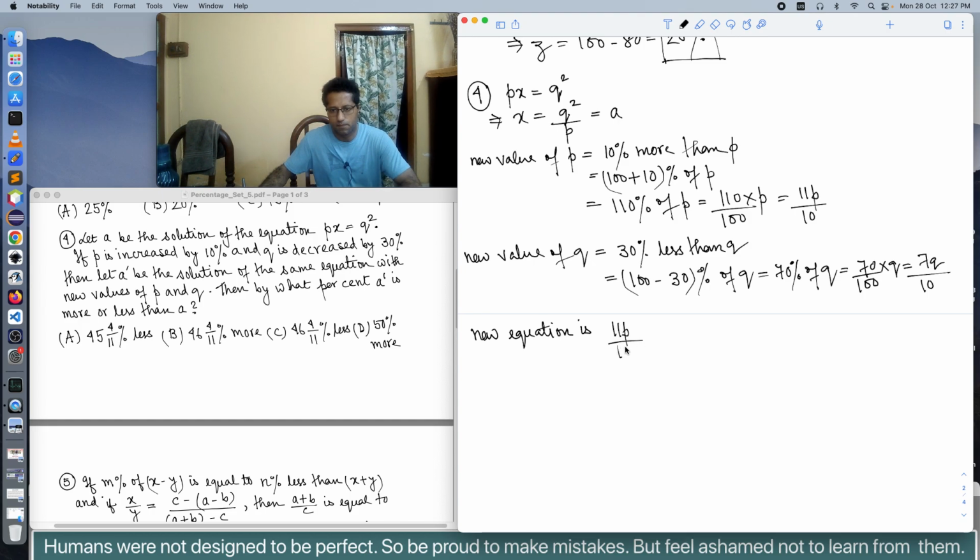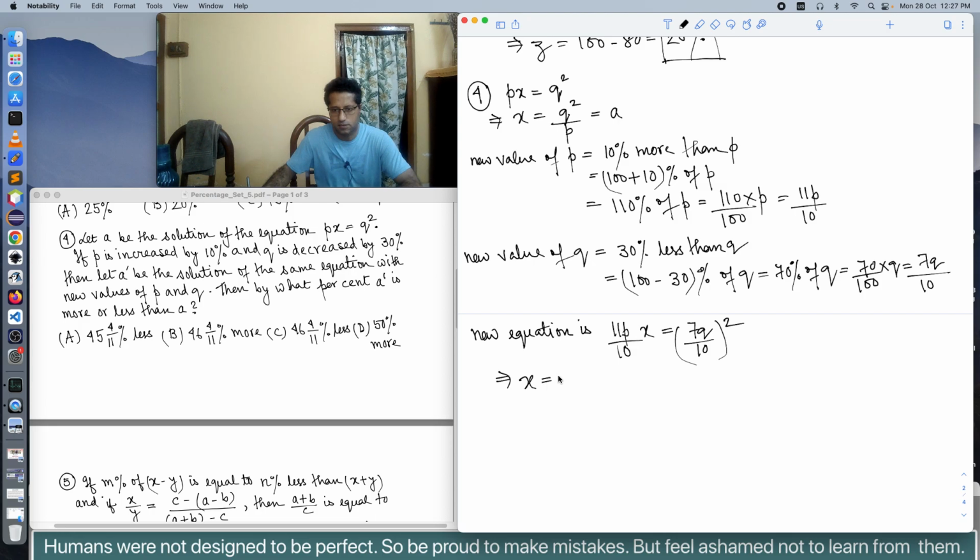So we have 11p by 10, x is equal to q square. What is q? The new value of q is 7q by 10, this square. So this is the new equation, and from here we solve for x.